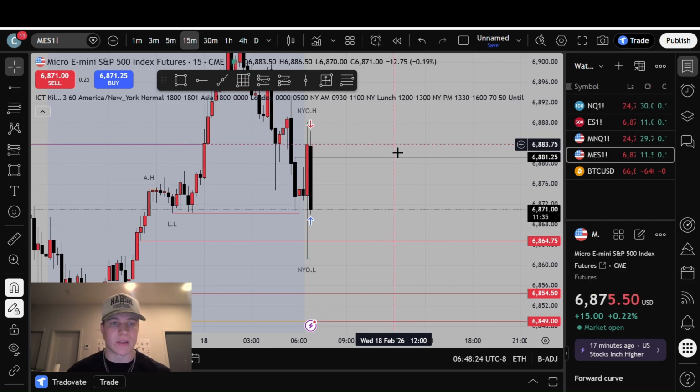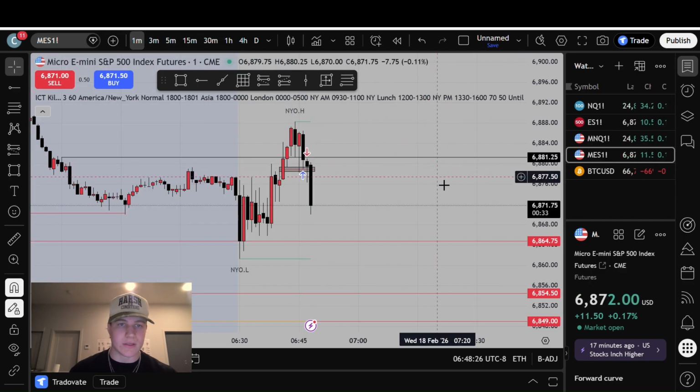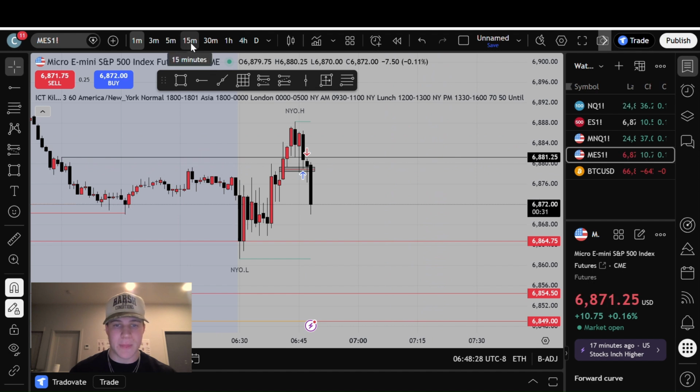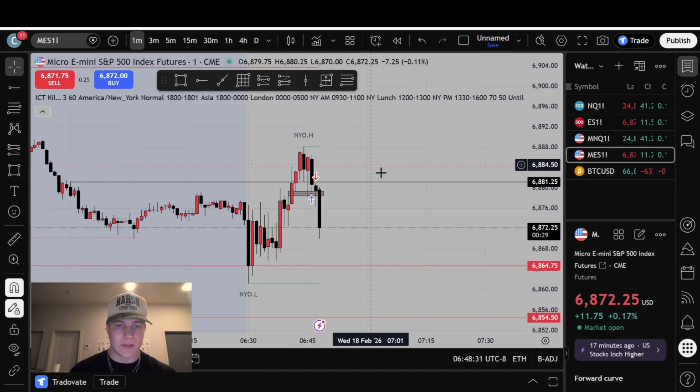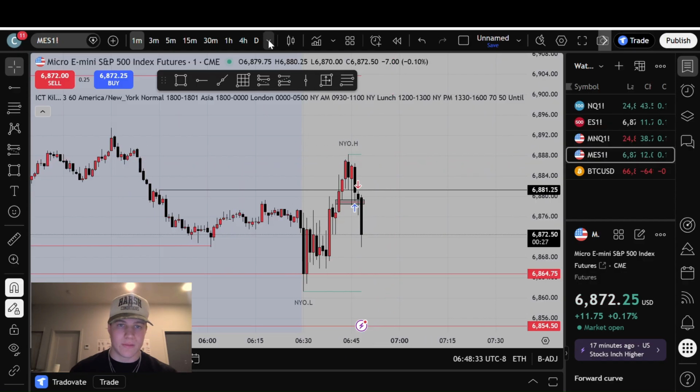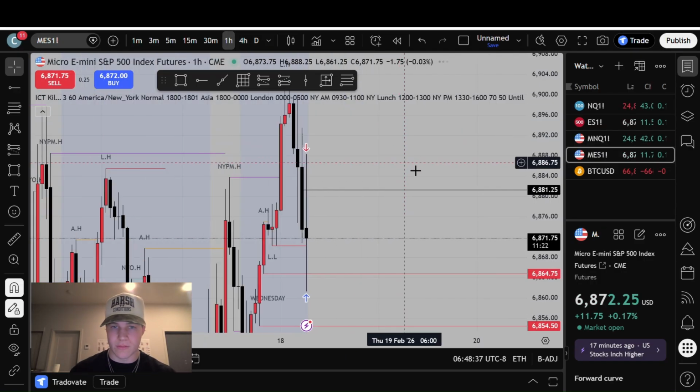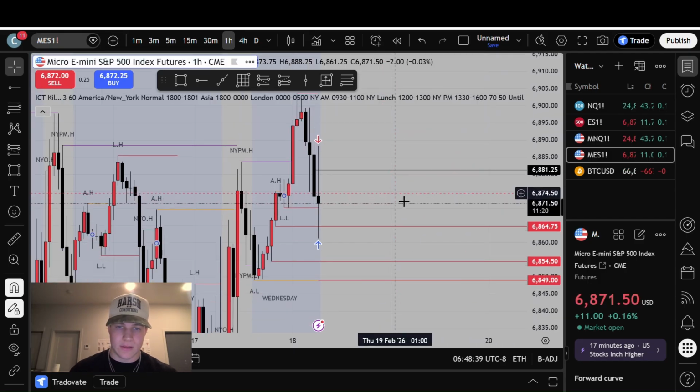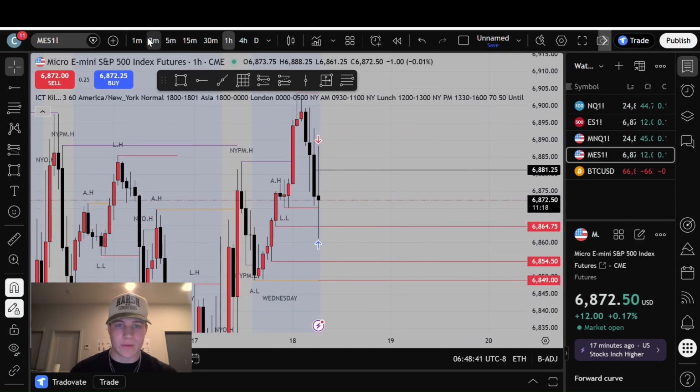I mean, yes, oh my goodness. Yes, it inverse that 15-minute gap. We got that bullish reaction out of the 1 minute gap. 4 hour was bullish. 1 hour, harder for me to read. But we had tapped into this 1 hour gap.